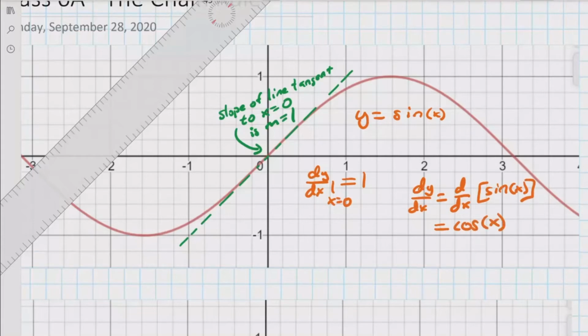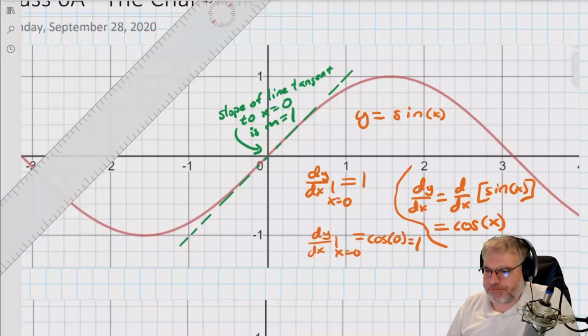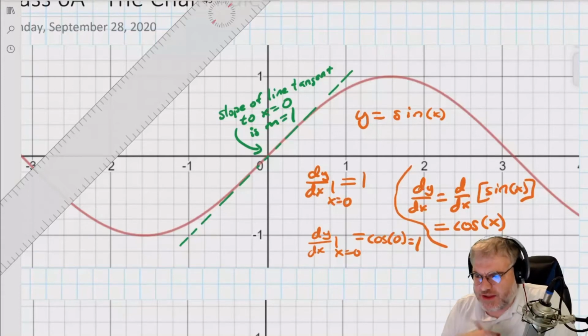So dy over dx when x equals 0 equals the cosine of 0, which equals 1. So how do we feel about that, 1 to 5? How do we feel about the slope of the tangent line being 1?